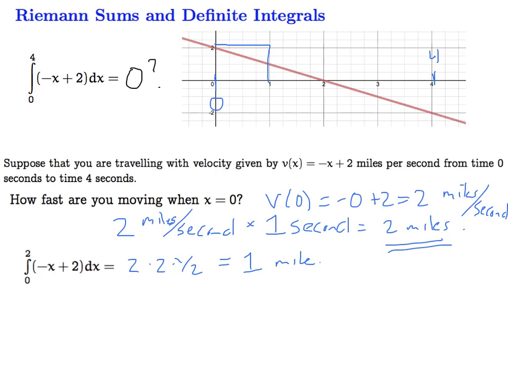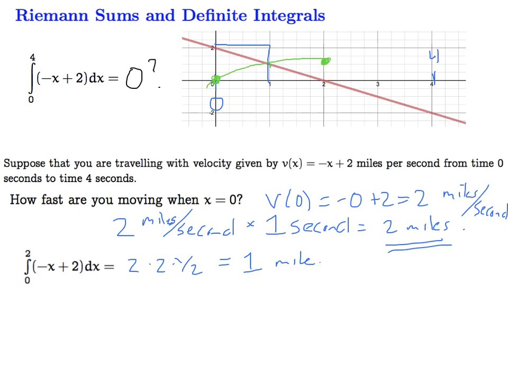So we can graph this idea. At time 0, we start at position 0, and then at time 2, we've gone 1 mile total. So this is what the graph of our function looks like if we only calculate these 2 points. We could also calculate some points in between for some approximations, and fill in the shape of our graph a little bit. Now let's look at what happens over on the right side of our graph.